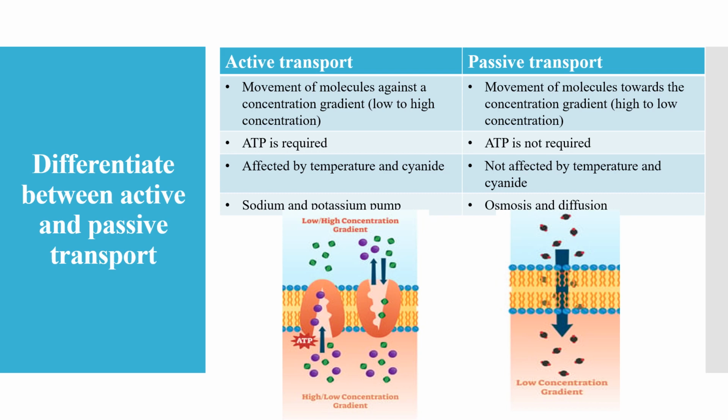In the case of active and passive transport, the first point is the movement of molecules against a concentration gradient, meaning from low to high concentration. In active transport, molecules can move towards the concentration gradient, meaning from high to low concentration, or even against a concentration gradient, meaning from low to high concentration, as mentioned in the diagram definition.